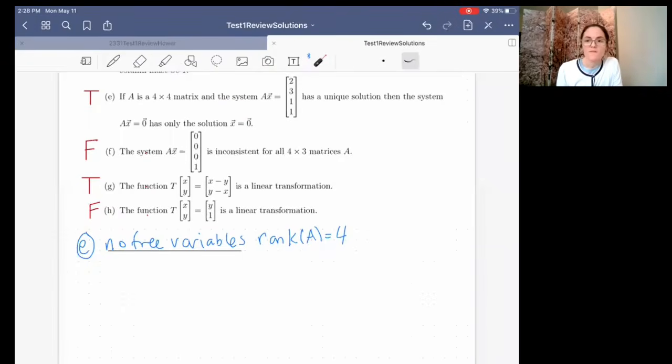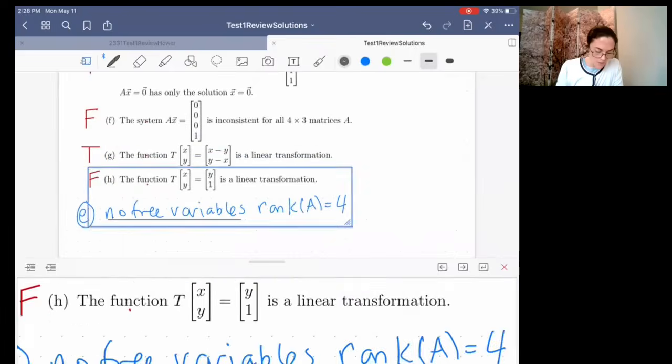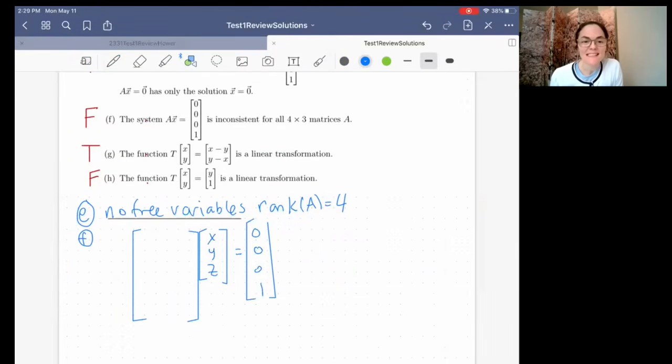This is definitely false. Let's just come up with an example. So now I am on F. Now let's discuss number F. Well, this is definitely false, and I just have put here, this would be 4 by 3. Maybe I'll write that underneath just to think about the sizes.